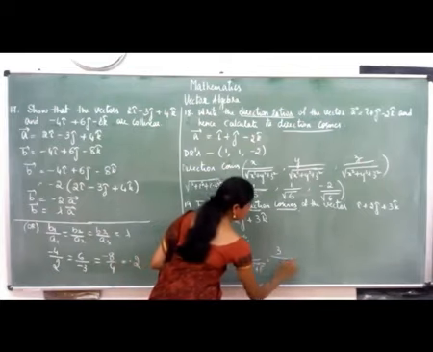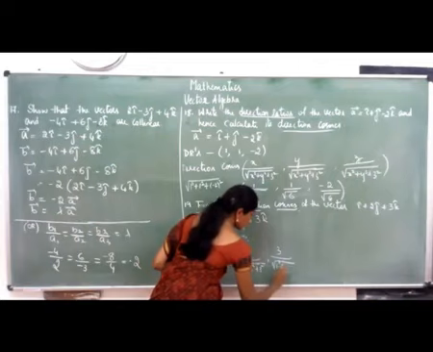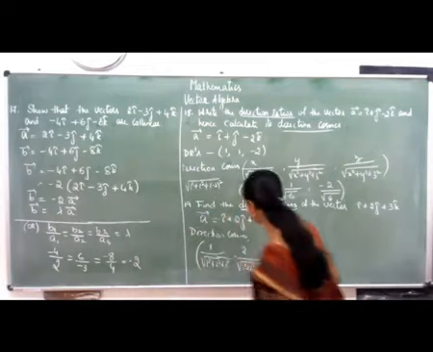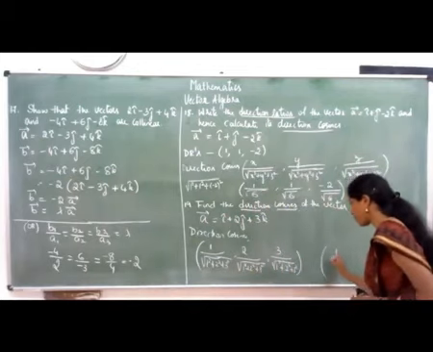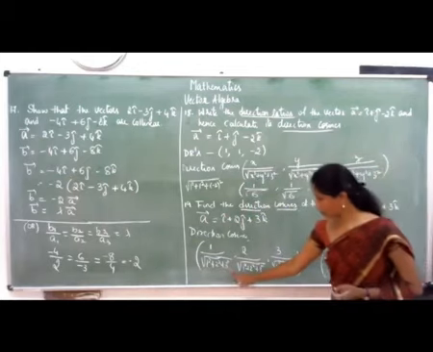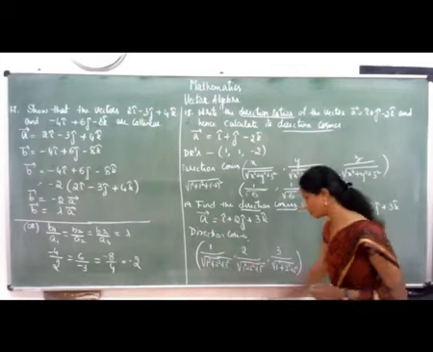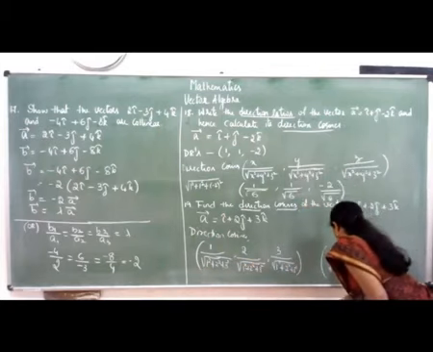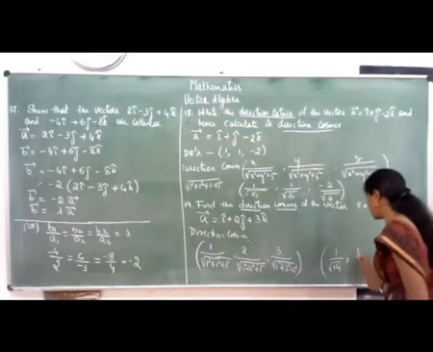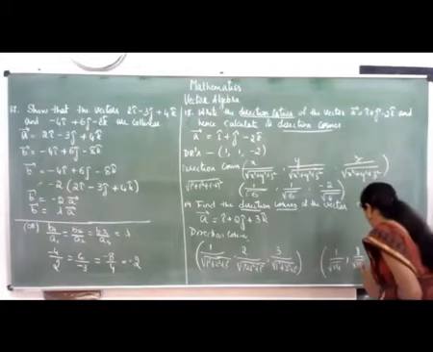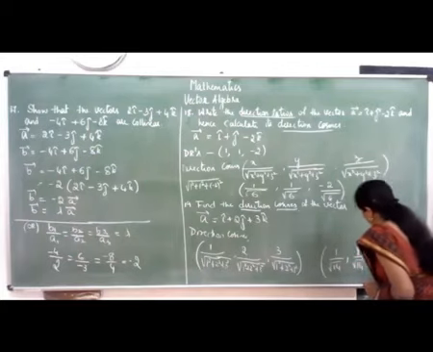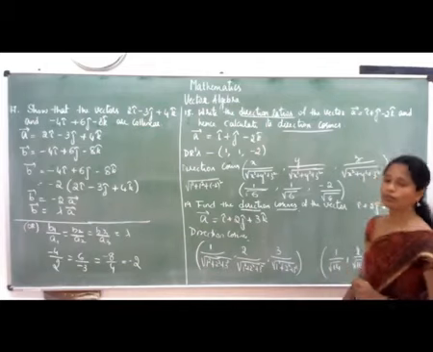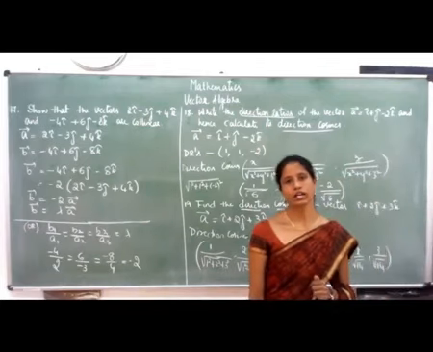Then you have 3 divided by root of 1 square plus 2 square plus 3 square. So simplifying, 3 square is 9, 9 plus 1 is 10, 10 plus 4, it is 14. So 1 by root 14, 2 by root 14, and you have 3 by root 14. This is how we find the direction cosines.